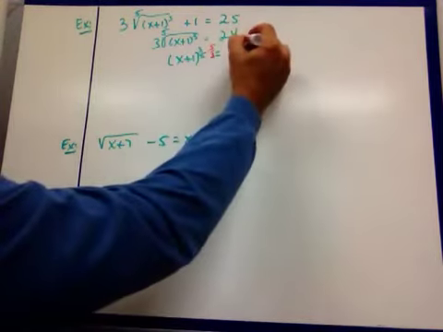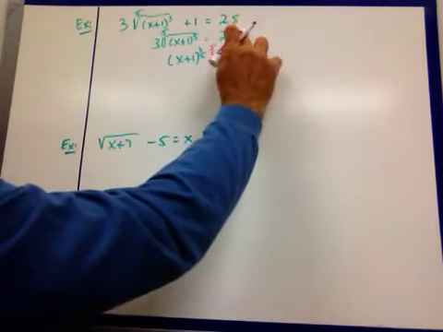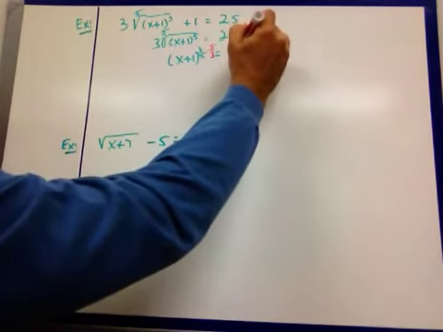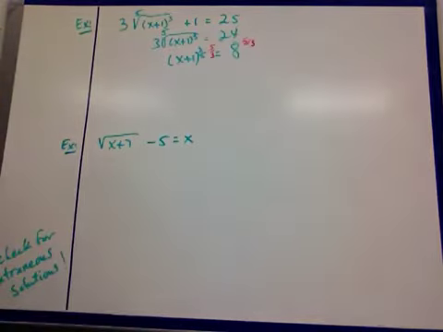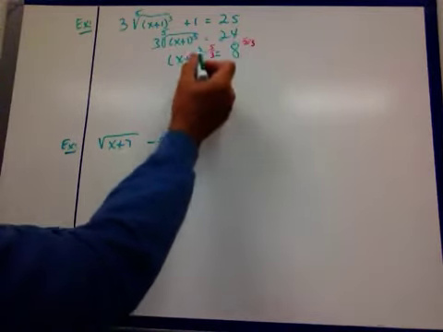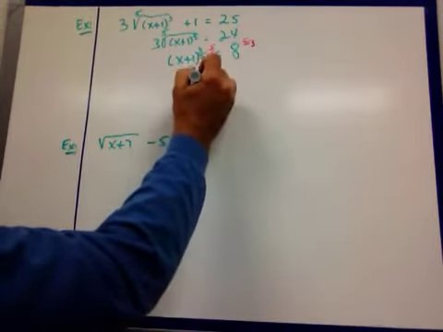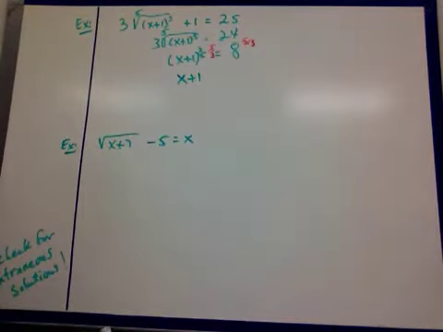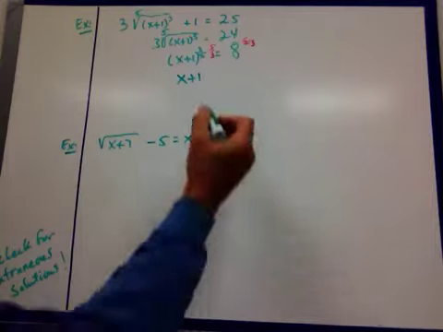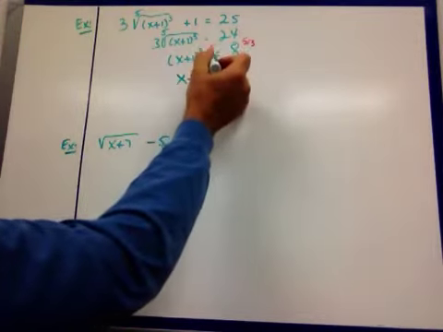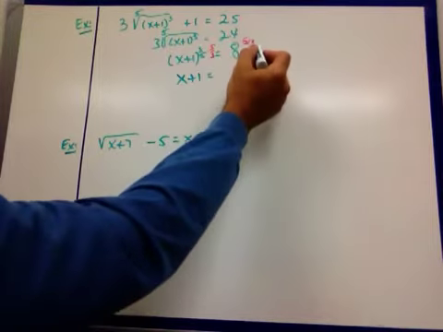I get x to the 1st power. So that gives me x plus 1. Just like what I did before. Remember, square root is the same as x to the 1/2. When you multiply it by 2, 1/2 times 2 is 1. So you multiply by the reciprocal here. That's important right there.